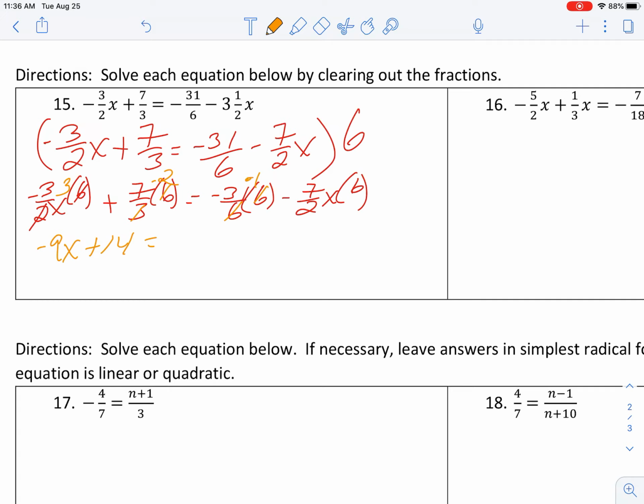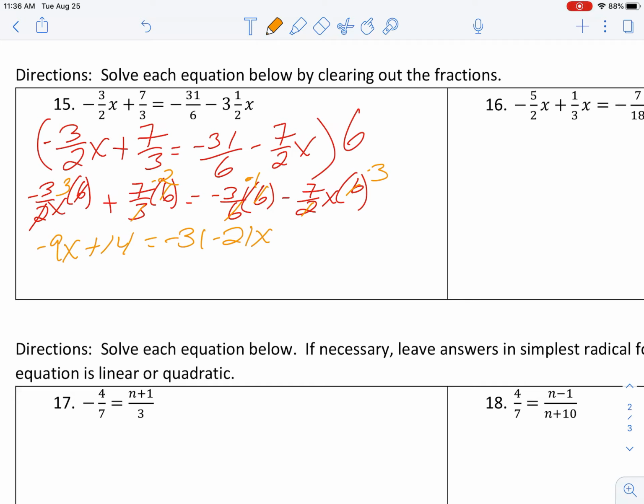And what's 1 times negative 31? 6 divided by 2 is what? 3. And negative 7 times 3 is negative 21x. Silly mistakes that happen: you forget to bring down an x, you can't read your own handwriting, or you accidentally add when you should have multiplied.